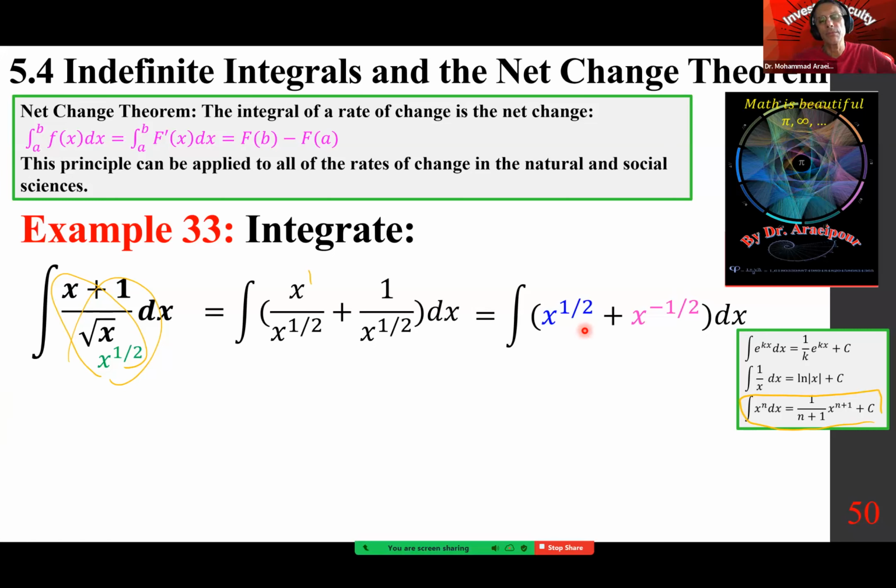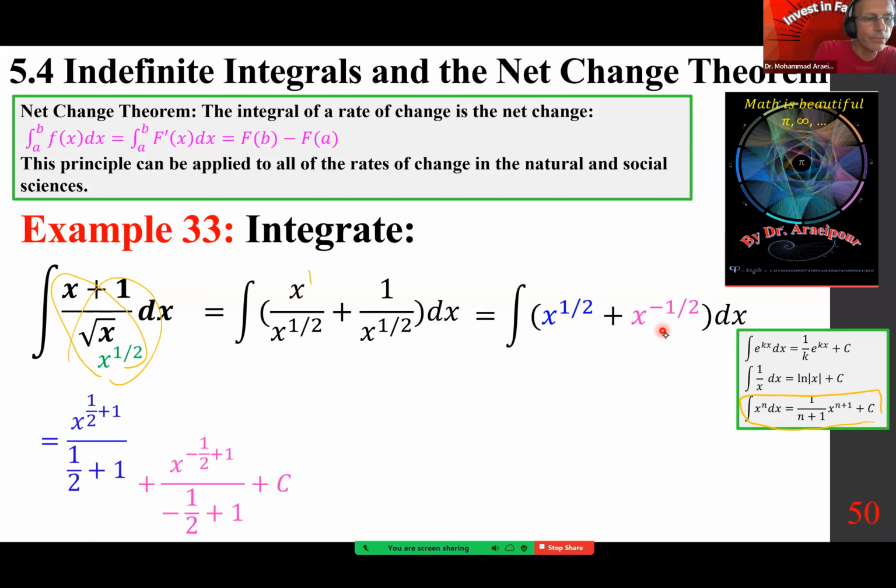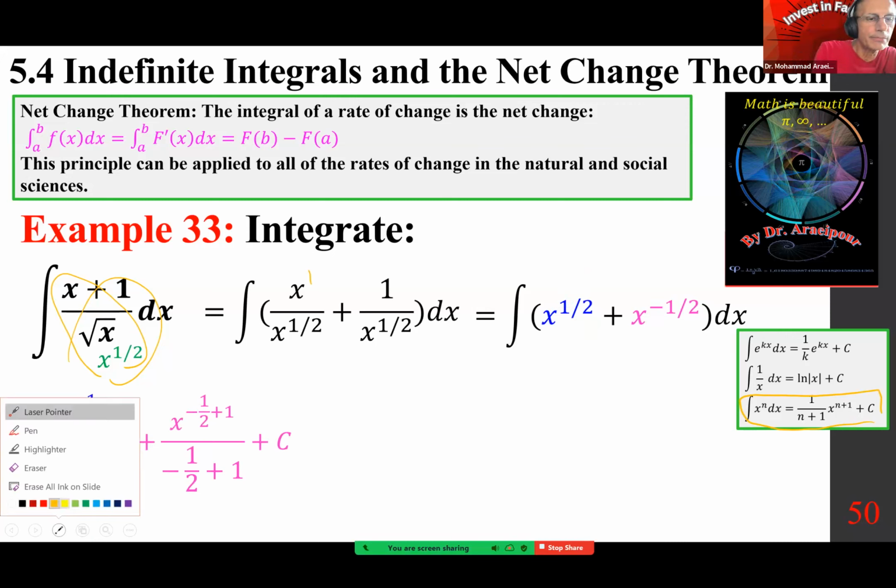So this one would be 1 over 1/2 plus 1, x to the power of 1/2 plus 1. This one would be 1 over negative 1/2 plus 1, or x to the power of negative 1/2 plus 1, and a constant. Now, this part is 3/2.